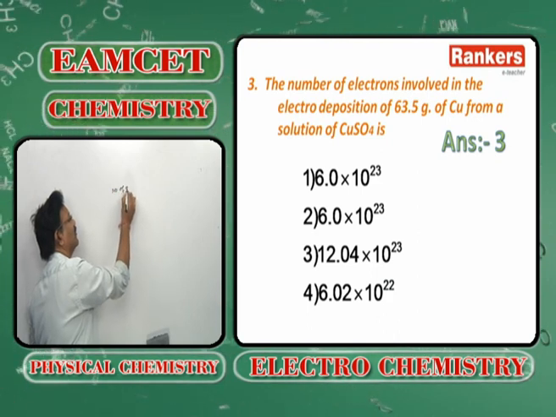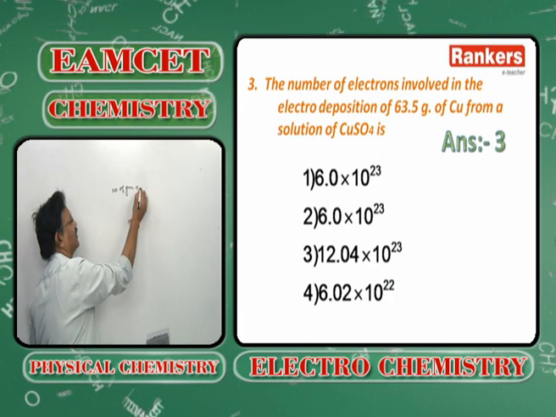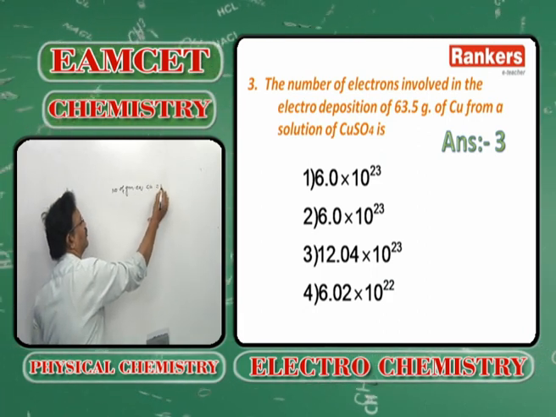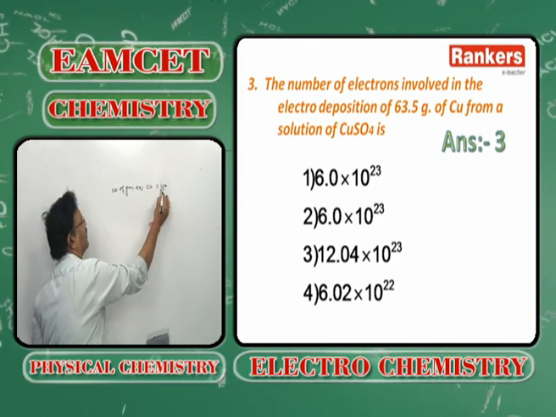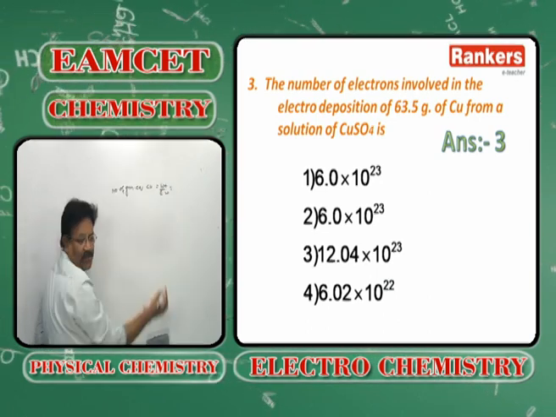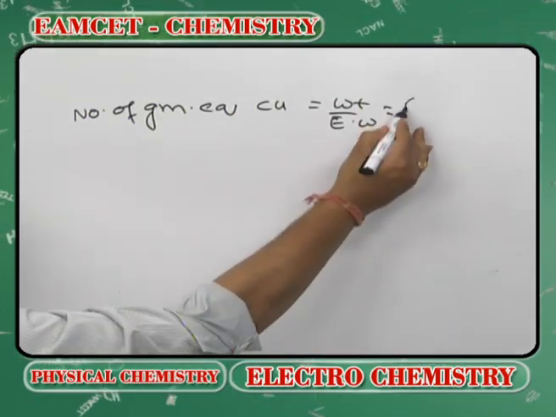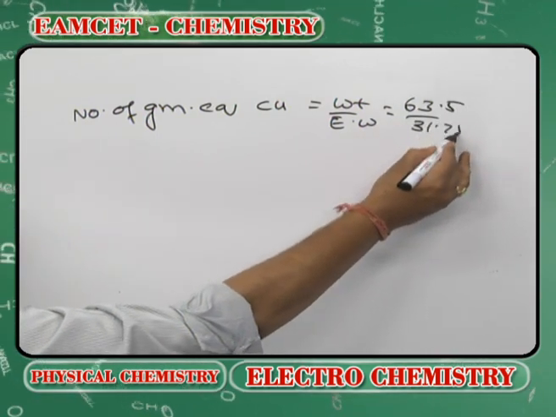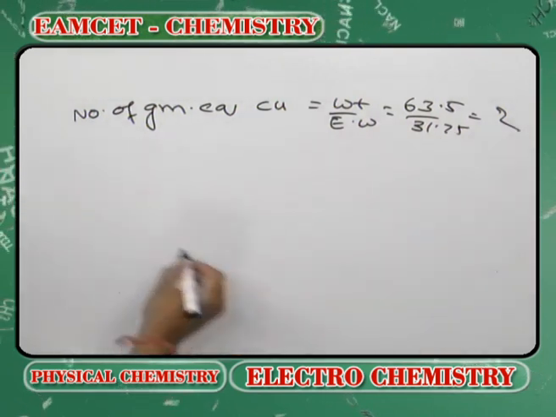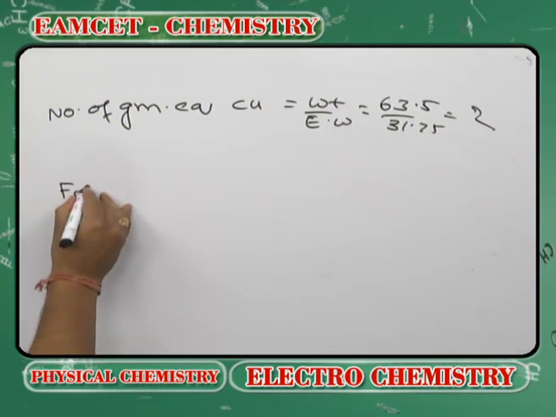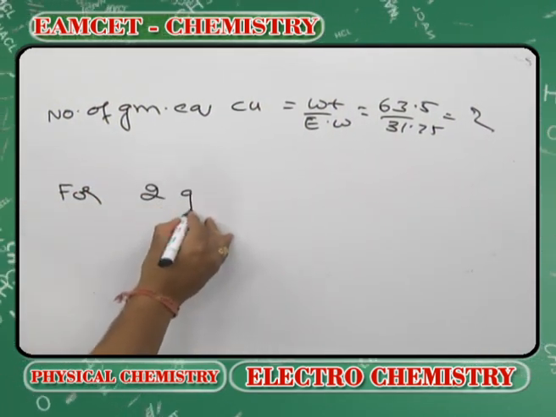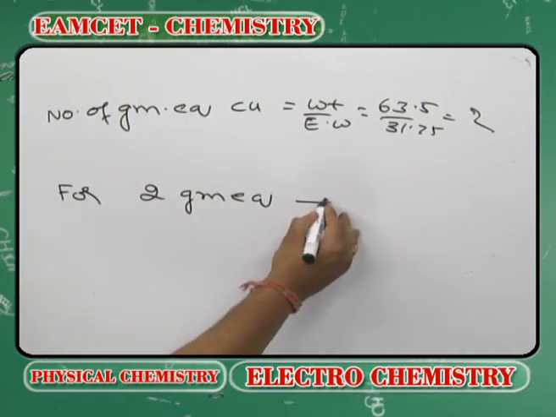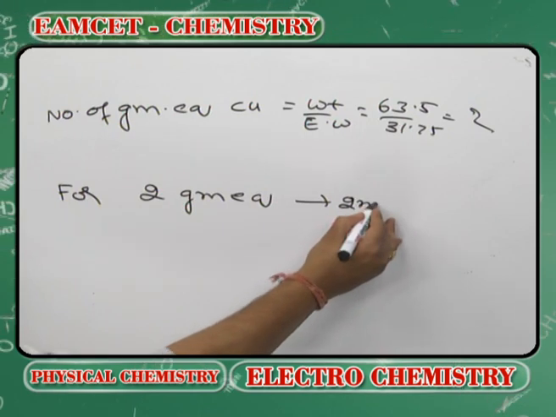Number of gram equivalents of copper deposited is equal to weight by equivalent weight, 63.5 by 31.75, which is equal to 2. For 2 gram equivalents, 2 moles of electrons are needed.